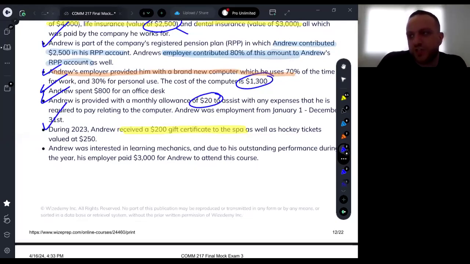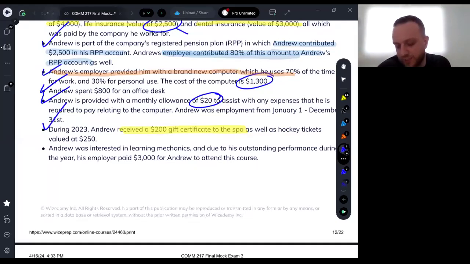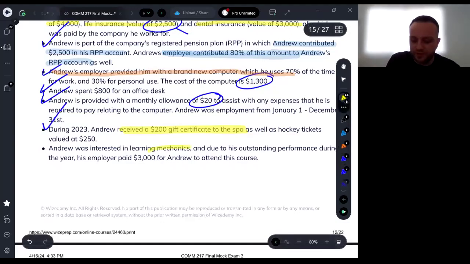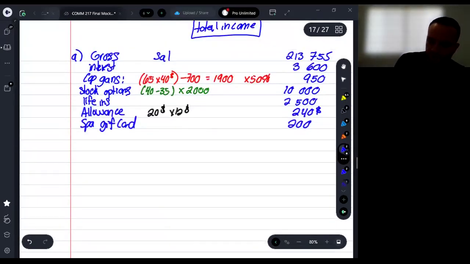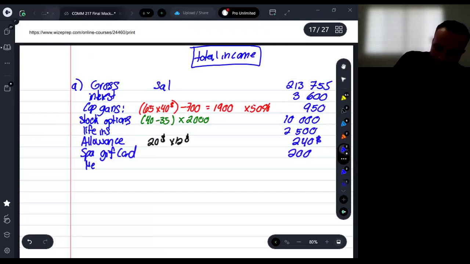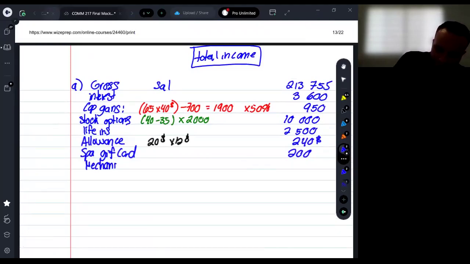He's working as an engineer, and his employer is paying for him to take a mechanics class. There's no relevance, right? Mechanics is to fix cars, and he's an engineer. But if his employer were to pay for an engineering class, that would be tax free. Since it's mechanics, it has nothing to do with his job, he's taxed. So mechanics tuition, not related to work.